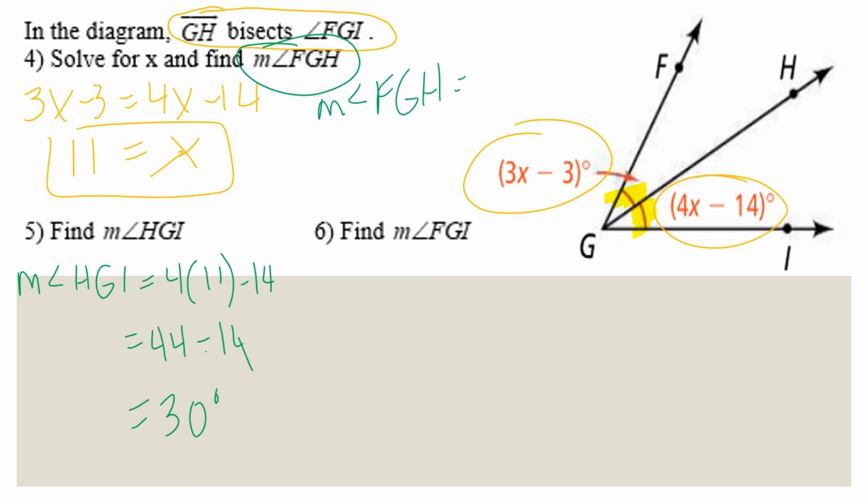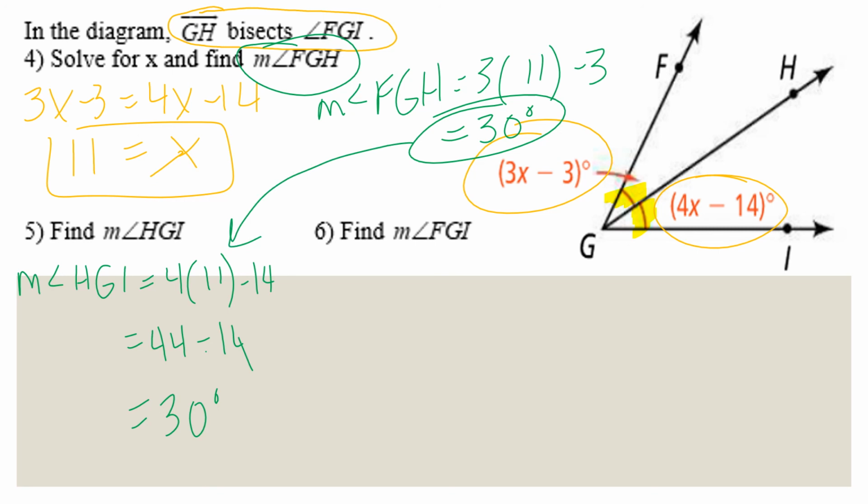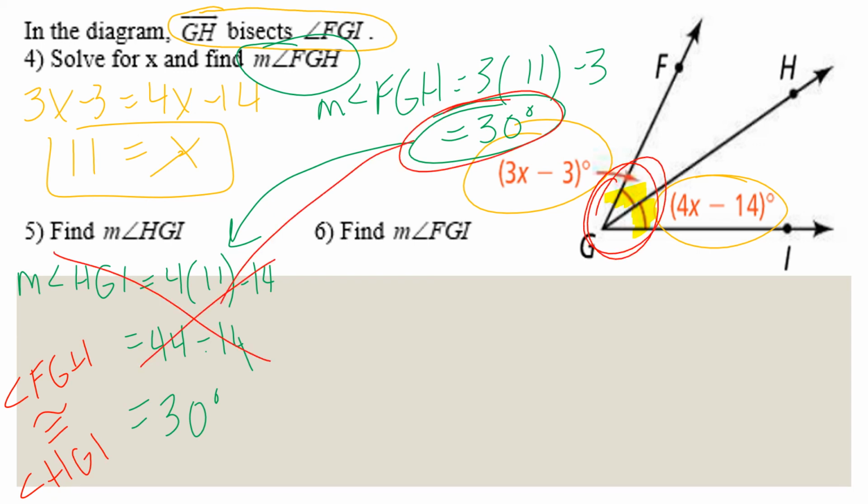Sorry, guys. So I'd have 3 times 11 minus 3, okay? That would mean I get 33 minus 3, which is 30 degrees. Now, if I bring that over here, I know that angle FGH is congruent to angle HGI because of their symbols here. So I didn't even have to do all this work. I could have just brought my answer down and said that.